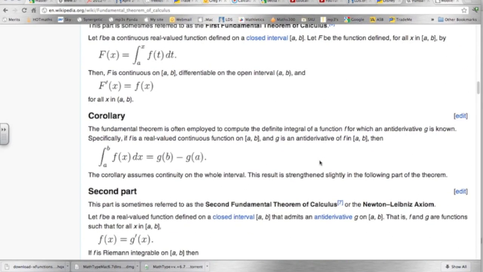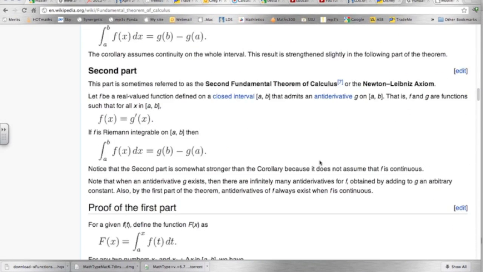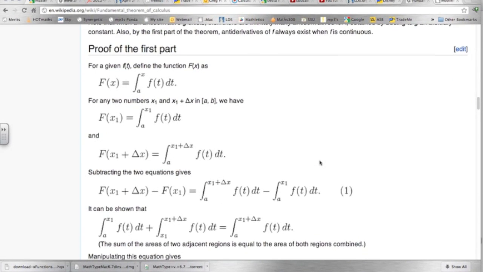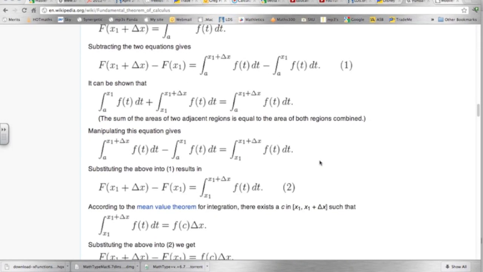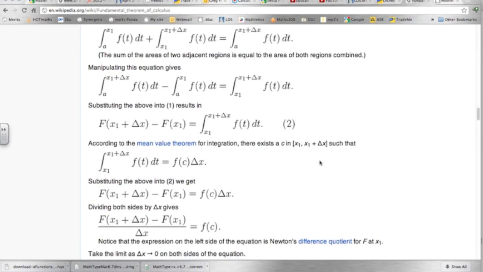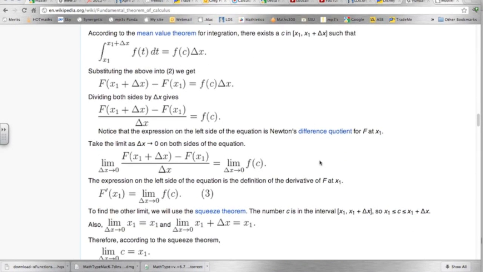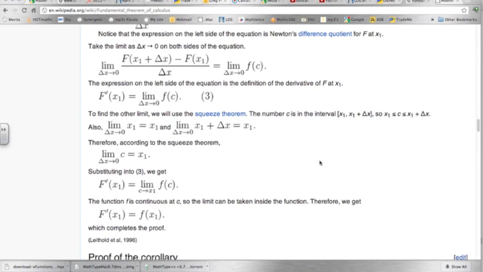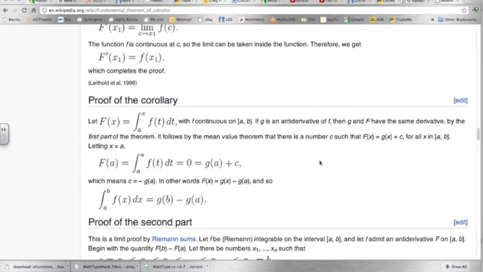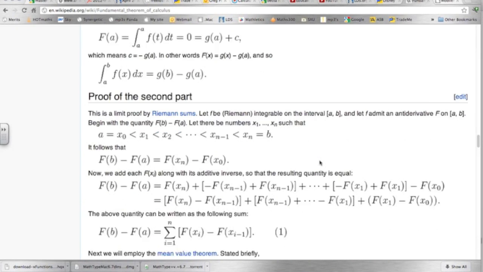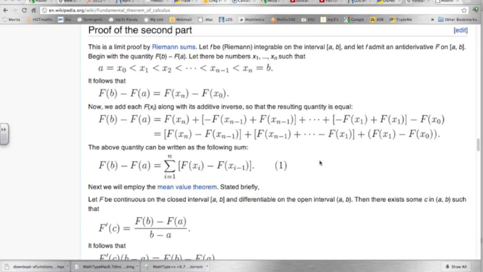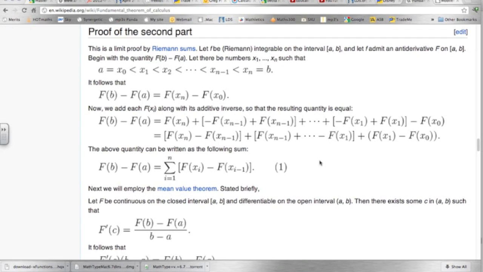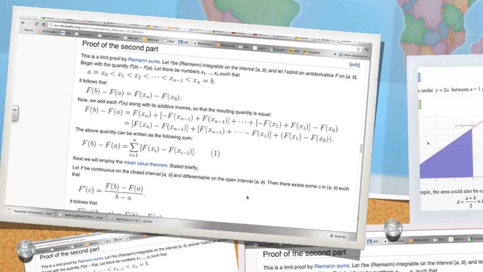If I just scroll through here, you can see that the actual proof of the fundamental theorem gets a bit intense and might look a little bit scary. It's just important to know basically how you use it to find areas. There's some stuff here on limits and other things that you just don't need to know for the AS course. If you want more detail on the fundamental theorem, I suggest you talk to your teacher or have a look at Wikipedia.